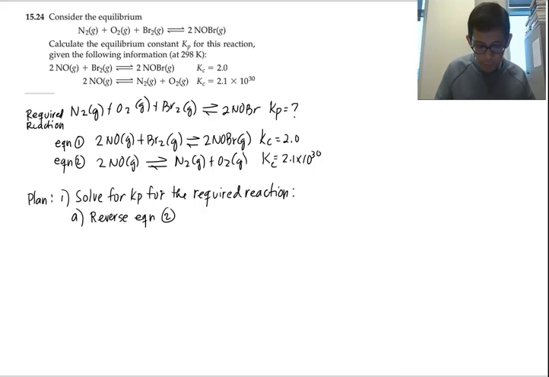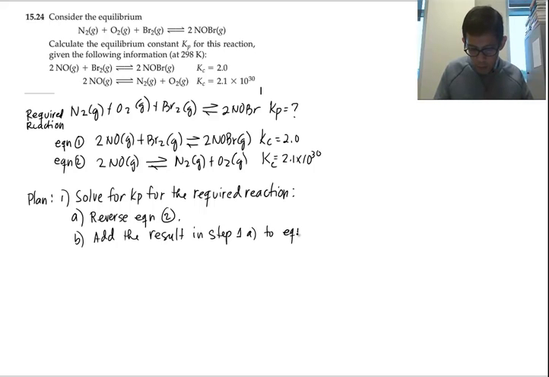equation 2. After we've reversed equation 2, what we do next is we need to add the result in step 1a to equation 1, and then we solve for Kp.